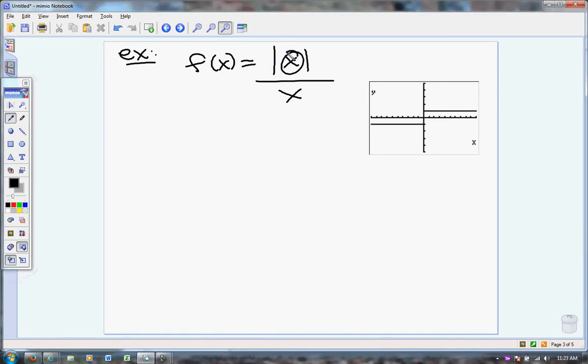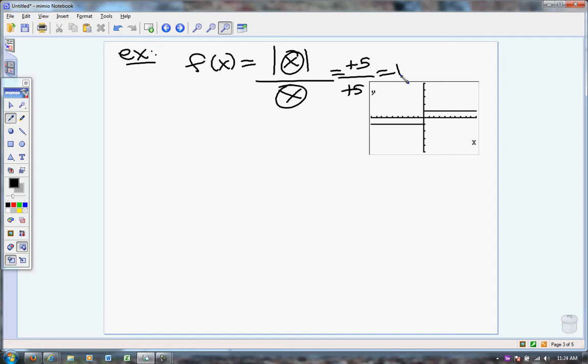Aren't these two the same? What is x over x? 1. Isn't it 1, right? So when the x's are positive, they're both the same. What's the absolute value of a positive? So if I have a positive 5 over a positive 5, I'm going to get 1. This does make sense, right?